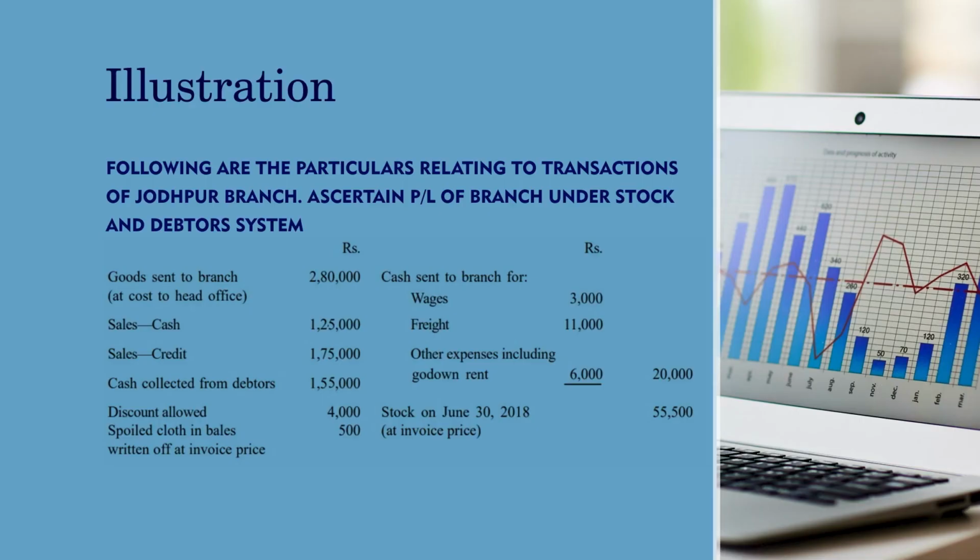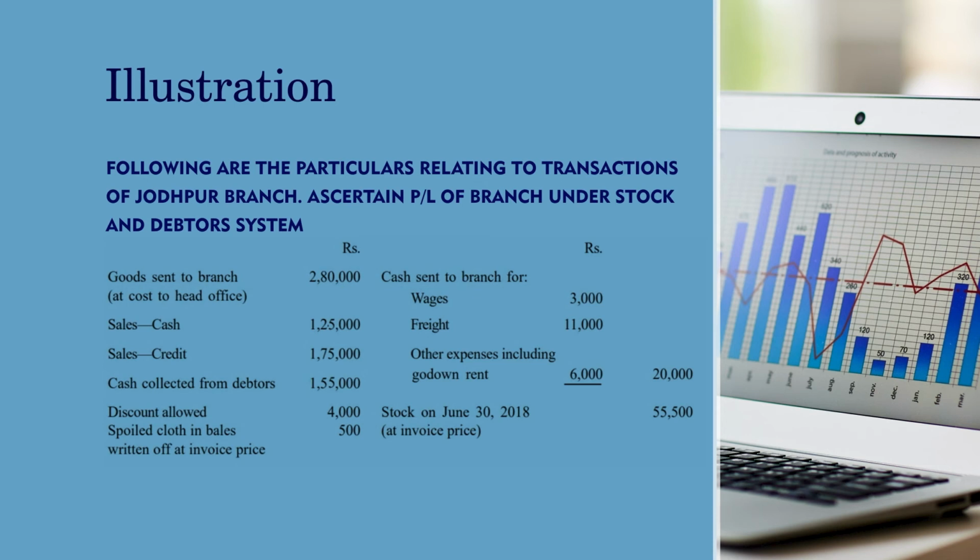Here, branch stock account, first we will prepare the branch stock account, or we can prepare the other accounts first. Let's prepare other accounts first. Goods sent to branch 2,80,000. This is the amount of goods at cost price.